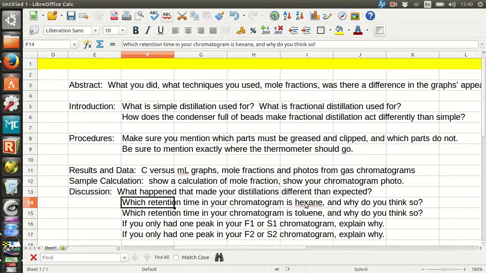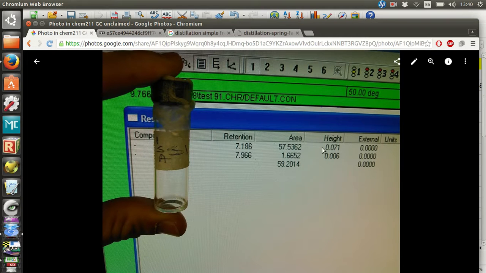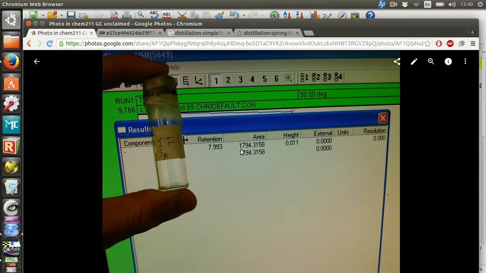Which retention time is hexane and why do you think so? Which retention time is toluene and why do you think so? So you have to identify on your gas chromatogram photo like this, which one of these is hexane, which one of these is toluene. But some of you didn't have hexane and toluene. Some of you just had one peak. Is that hexane or is that toluene? Which one would that be?